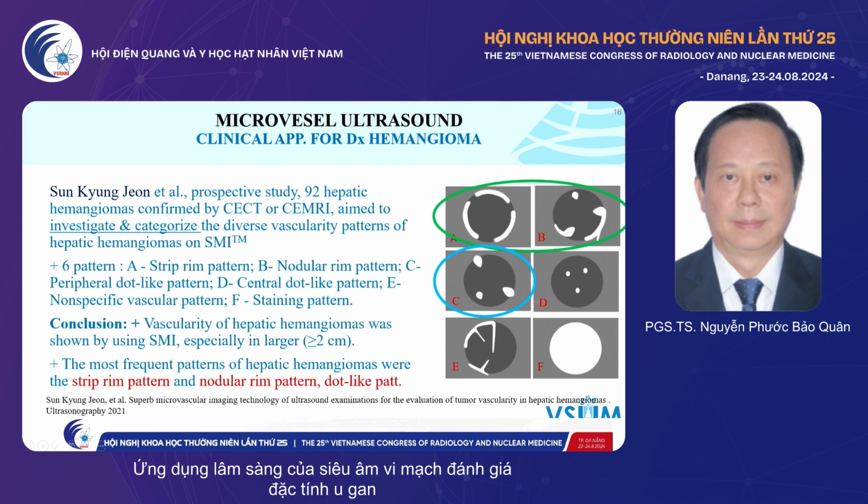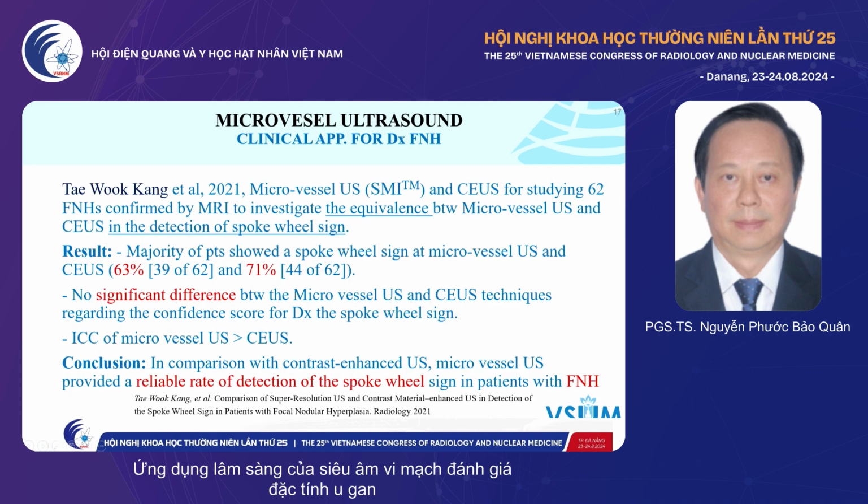They proved that the most frequent pattern of hepatic hemangioma was the strip-ring pattern or nodular ring pattern, or the dot line pattern like this.